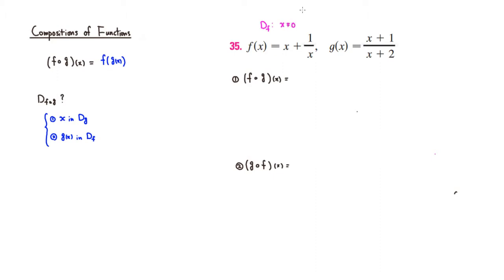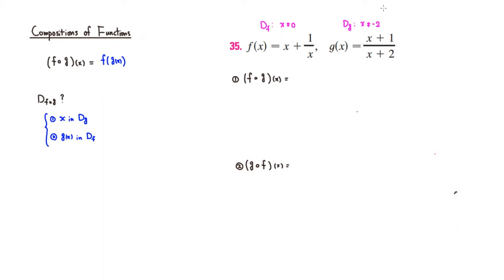And the domain of g, same way, we don't want x plus 2 to be 0, so x cannot be negative 2. So domain of g is all real numbers except negative 2.